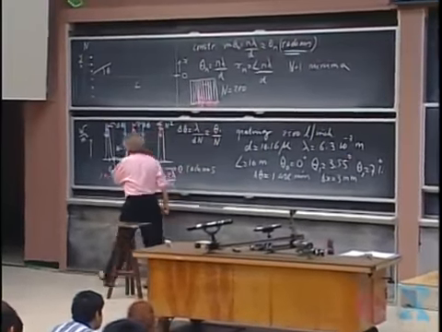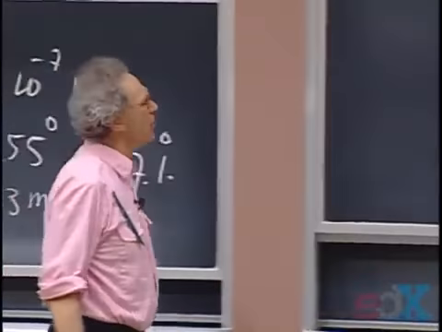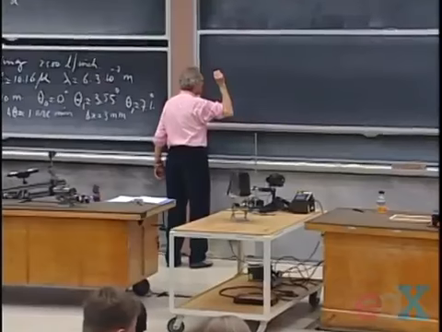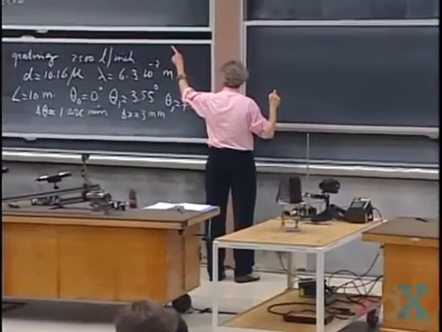For reasons that we discussed last time, we can, however, do something very clever. We can use a lens. And if we have a lens, we can bring the image very close without disturbing the angles.